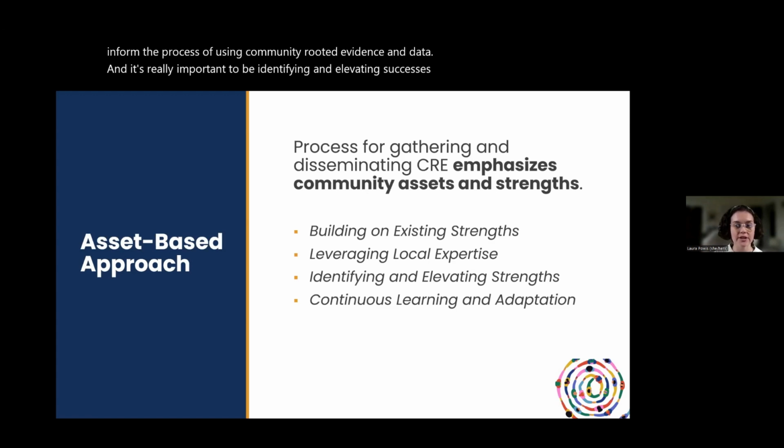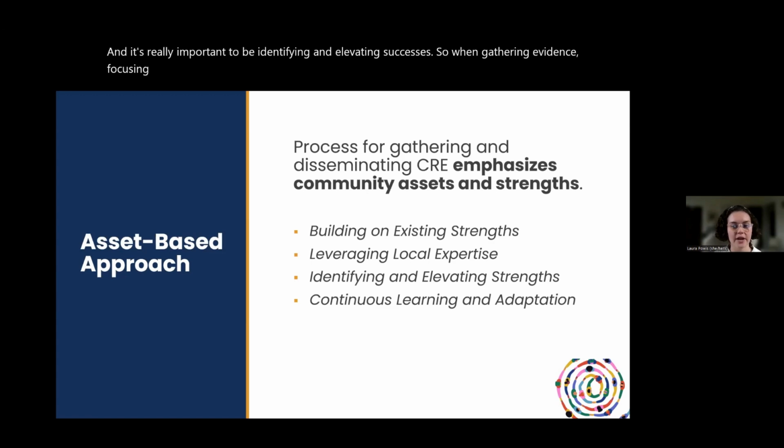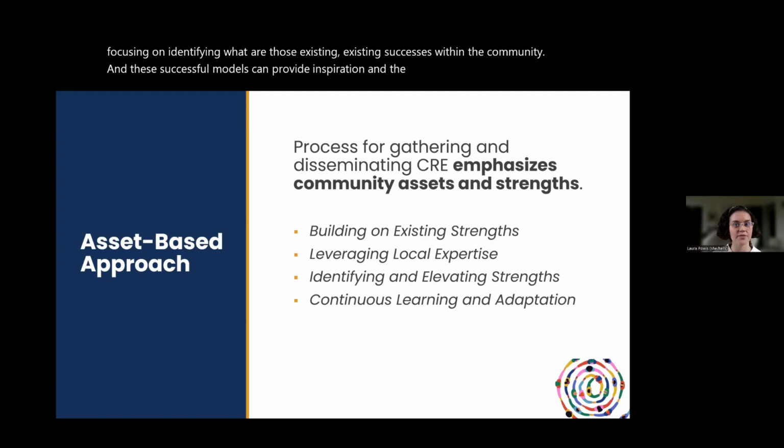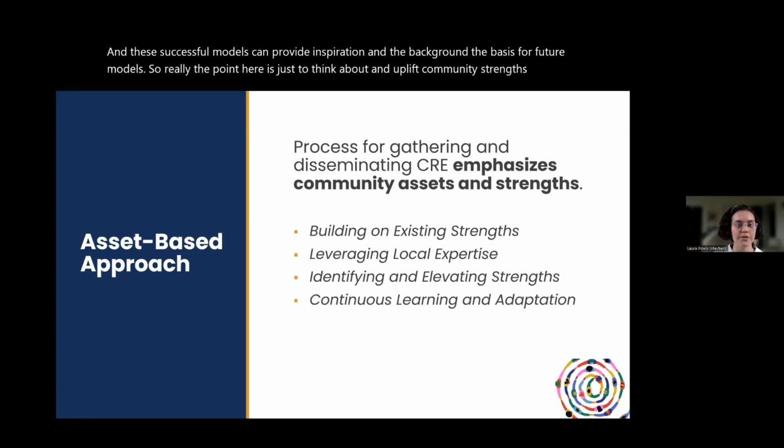So when gathering evidence, focus on identifying what those existing successes are within the community. And these successful models can provide inspiration and the basis for future models. So really the point here is just to think about and uplift community strengths as you're engaging in this work.